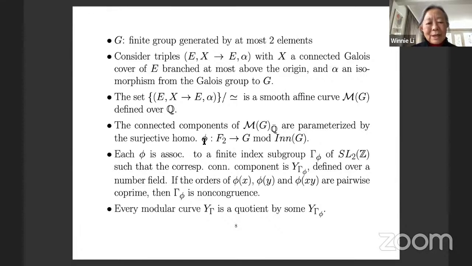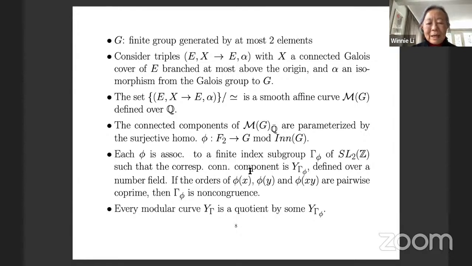And to each such homomorphism phi, there is associated a finite index subgroup gamma_phi of SL2(Z), such that the component parameterized by phi is exactly the affine modular curve Y of gamma_phi. Okay. And that Y of gamma_phi is defined over a number field. As you collect all phi, then you get the final object defined over Q.